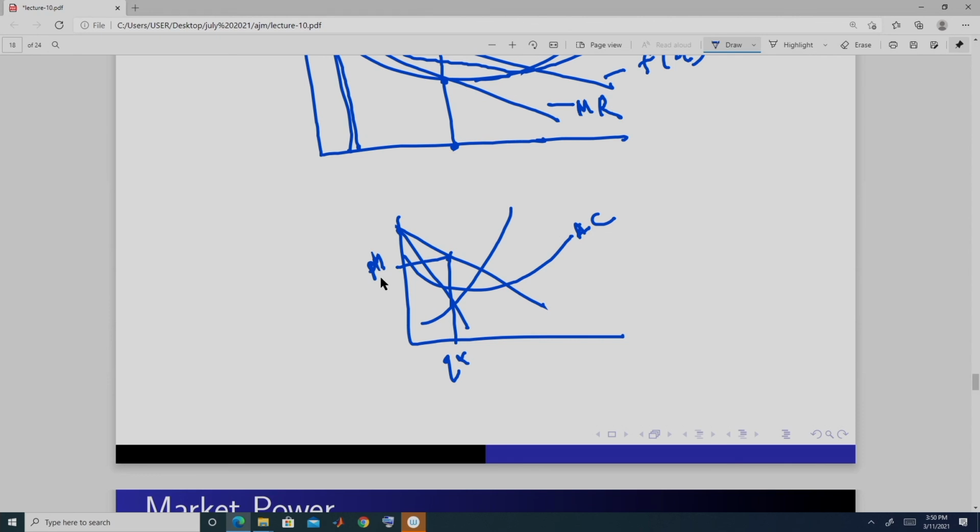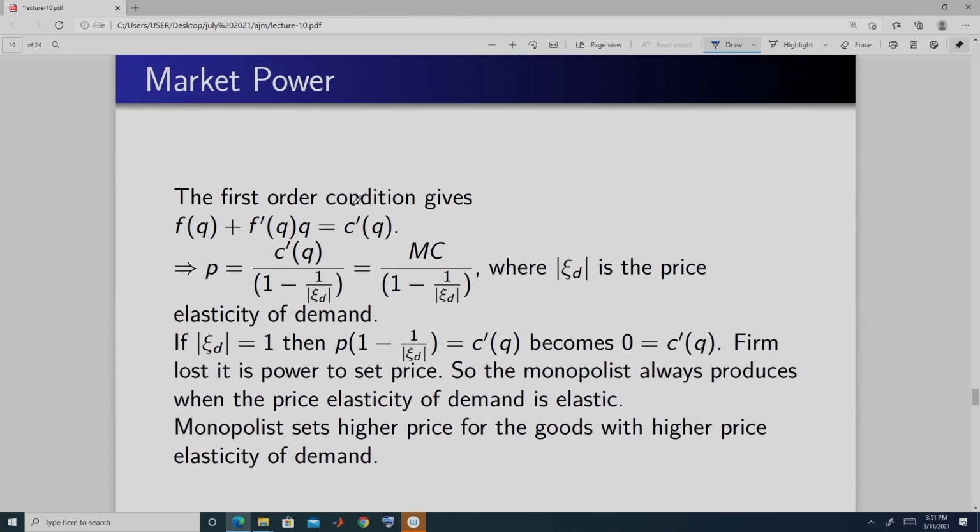When can a monopolist charge a higher price, and when does it have to charge a lower price? Here you see that this price is always greater than the marginal cost, because at this quantity the marginal cost is this and the monopoly price is this. So, the monopoly price is greater than the marginal cost. How big is it going to be? What determines that? That is based on market power, and how this market power is given, we will do this.